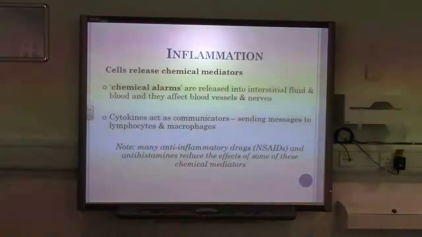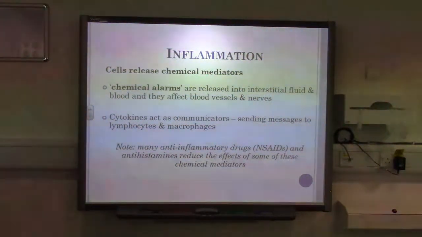So the cells release chemical mediators, and these are released into the interstitial fluid, and they affect the blood vessels and nerves. And these are potentially what causes those signs that we see at a clinical level. The pro-inflammatory cytokines act as communicators, so they send messages to all of the different cells that are required for the inflammatory stage, as well as the proliferative and remodeling stage.